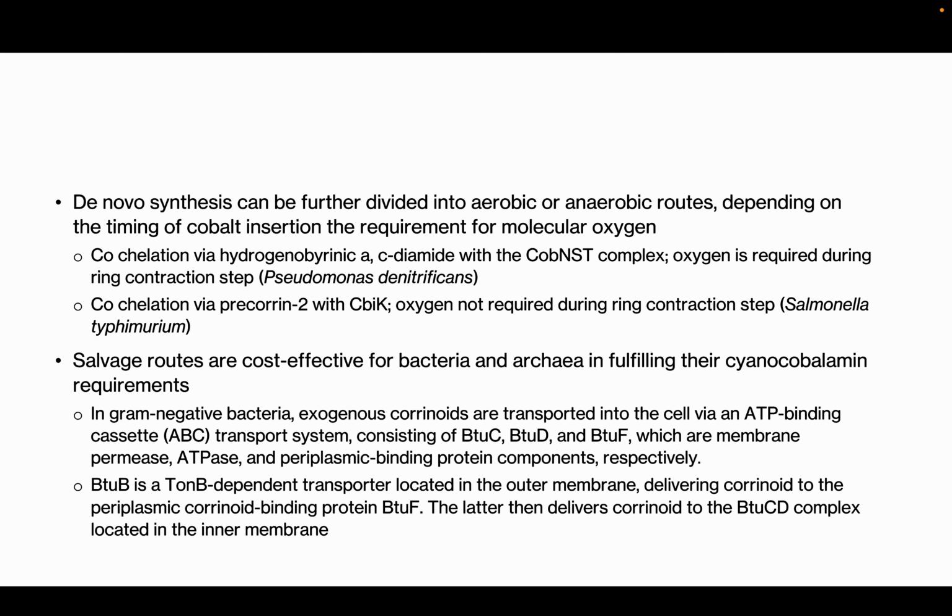Primarily, these two routes depend on when the cobalt atom is inserted in the corinoid molecule. First, there is cobaltation via hydrogenobyrinic acid a,c-diamide with the complex. Oxygen is required during the contraction of the corinoid ring for this step.